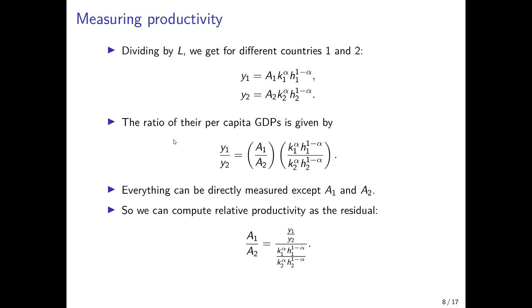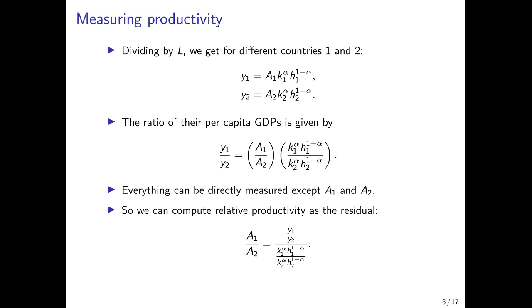Then we again compute the ratio of per capita GDP of country 1 and country 2, and we decompose it into these two parts. So we have capital per worker and human capital per worker here in the second term within parentheses, and these are the observable differences between the two countries.